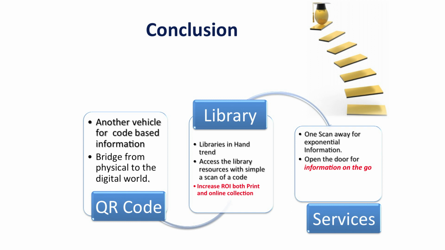This way libraries increase ROI on both print and online collections. From the service point of view, these QR codes are simply one scan away from exponential information, because a huge amount of data is stored in a simple, single code. That way it will open the doors for information on the go.